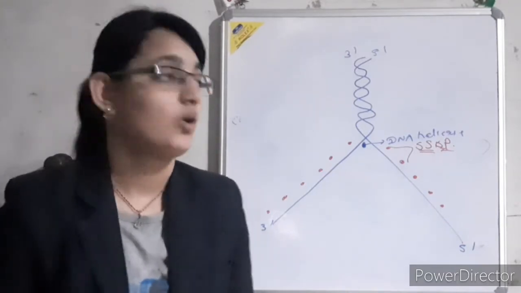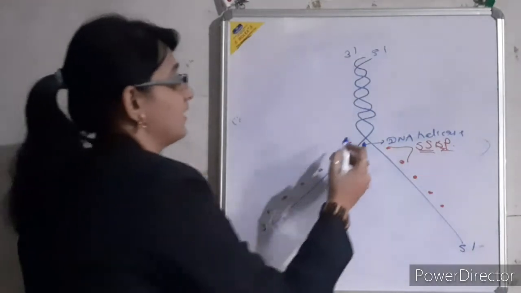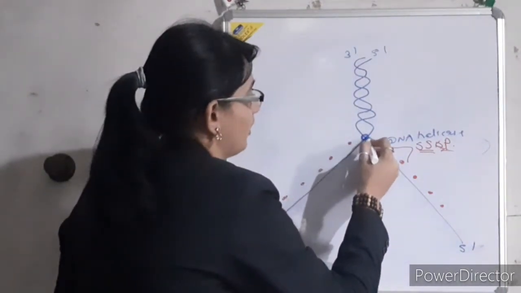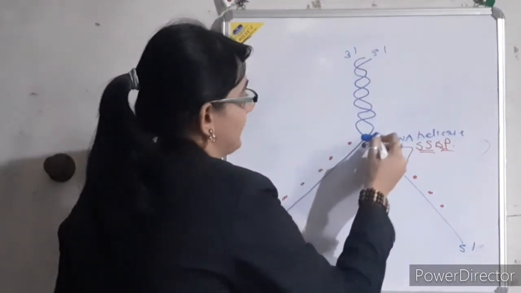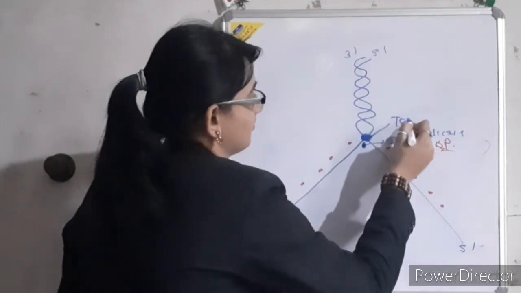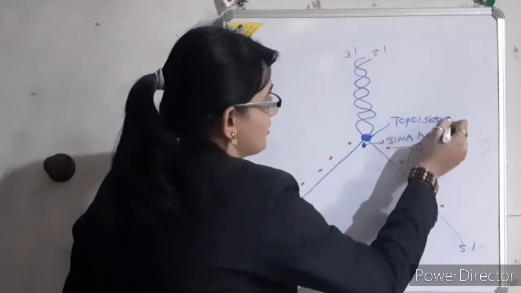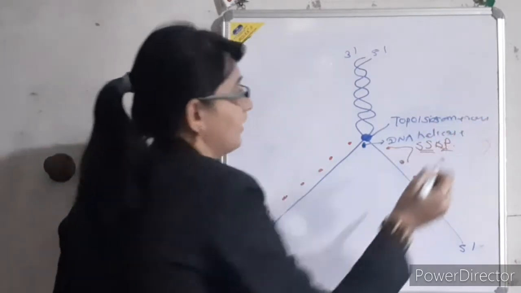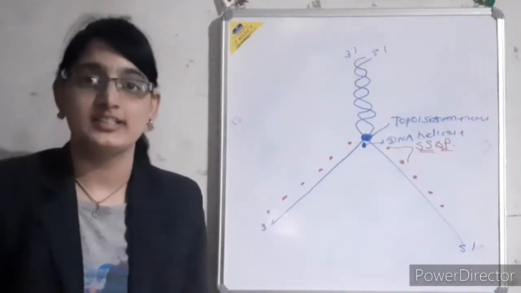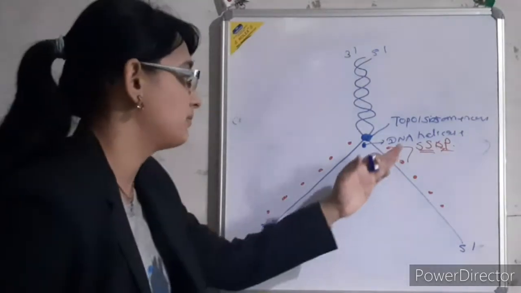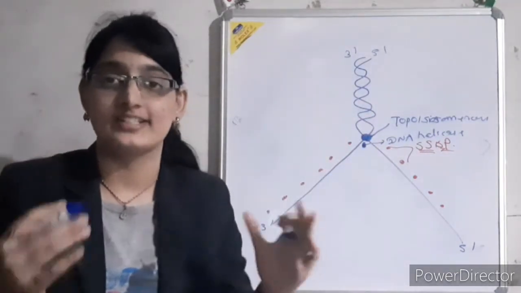So what to do? We must add the enzyme called topoisomerase. It is a very interesting enzyme. It releases all the tension created due to the SSBP protein on the DNA strands.